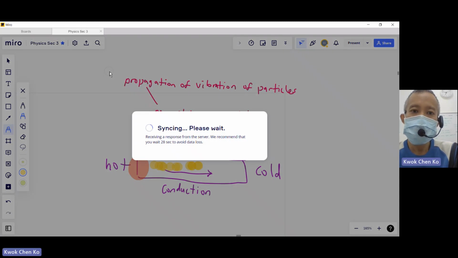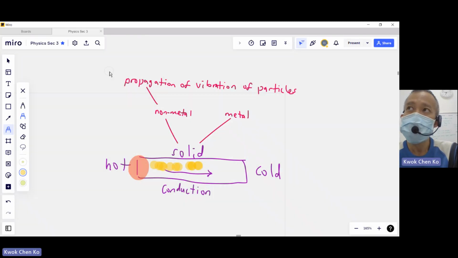So the spreading is called propagation. It propagates from left to right. Get used to the word propagation. Propaganda, kind of. So vibration is basically a transfer of kinetic energy from the particles on the left towards the particles on the right. Can you understand this one? Okay.